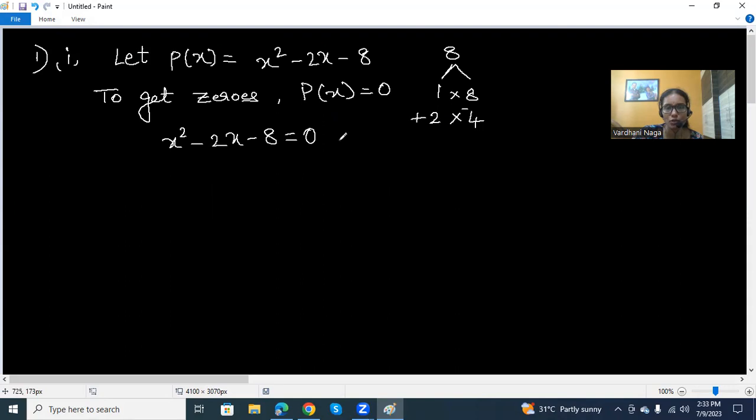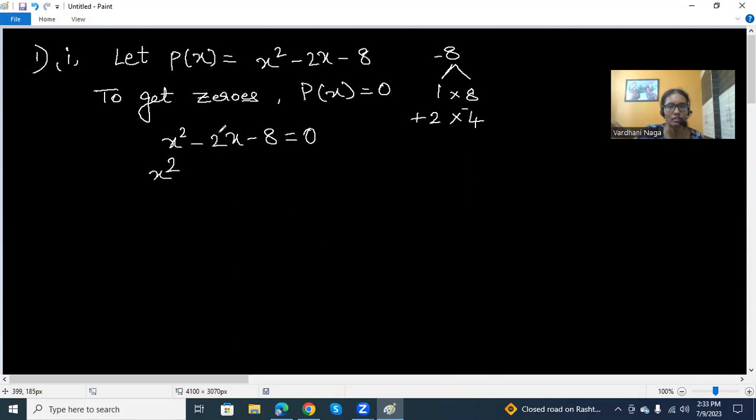Minus 4 plus 2, if you add, you will get minus 2, isn't it? But plus into minus gives minus, 2 4 is 8, which is minus 8. When you multiply these two factors, you should get a constant. When you add these two factors, you should get a middle term. So this is satisfying. Let's take these two as the considerable factors.